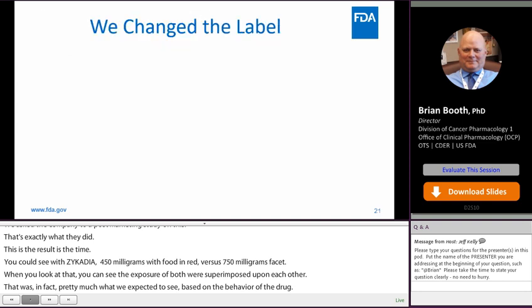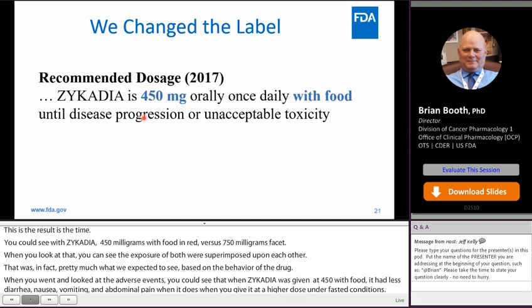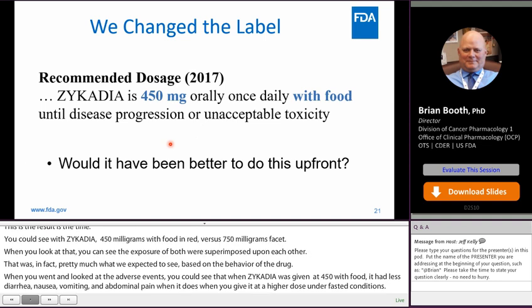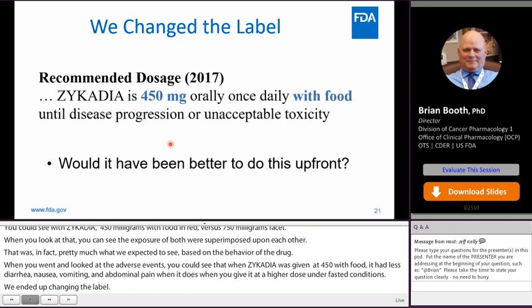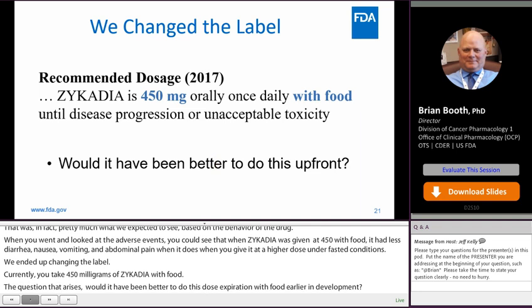And so we ended up changing the label, and currently we say take 450 milligrams of Zycadia with food. Okay. And so the question that arises is, would it have been better to do this dose exploration with food earlier in development? Well, it took us 3 years to get here, so personally I tend to think the answer to this question is yes.